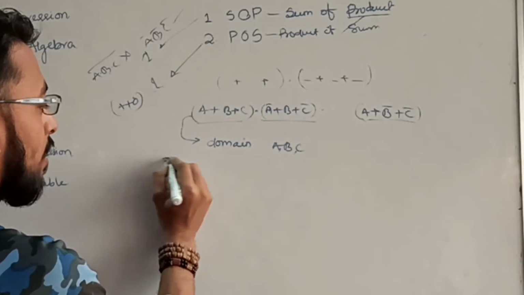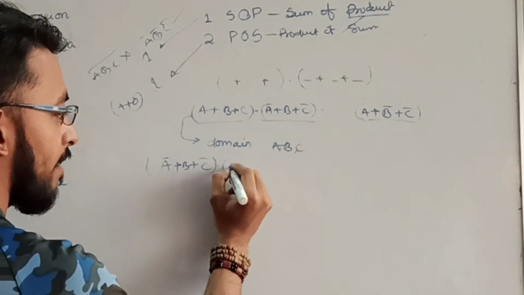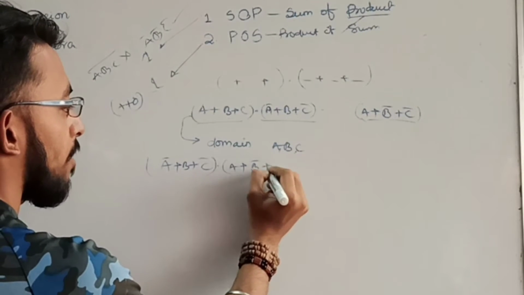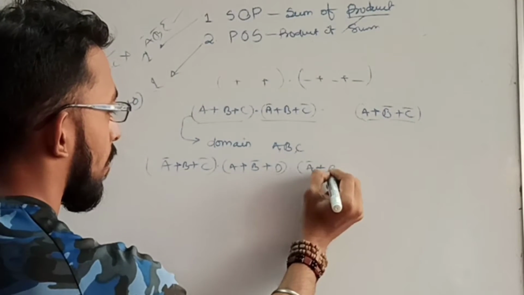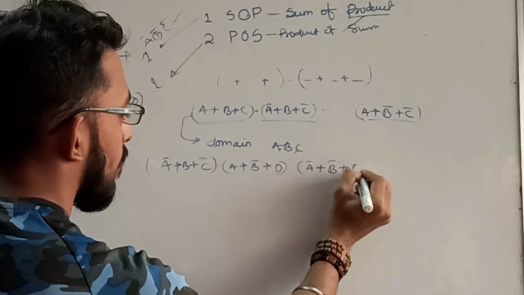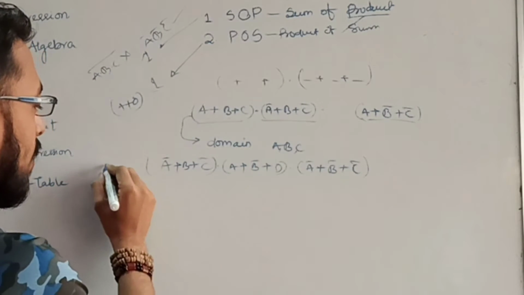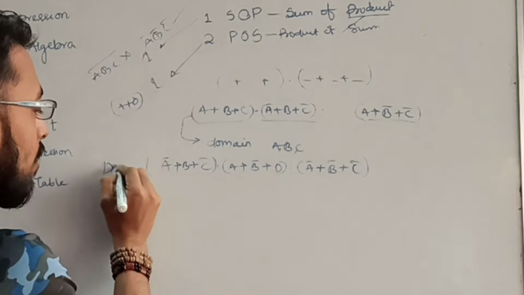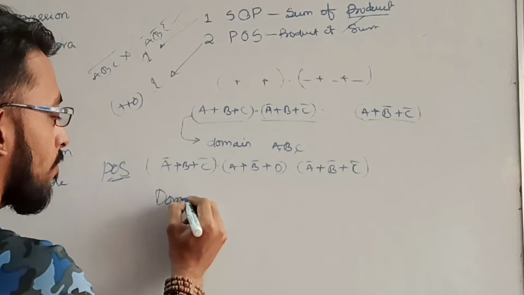It should be A bar plus B plus C bar, multiplied by A plus B bar plus D, and A bar plus B bar plus C bar. Suppose this is there in a question. This is the POS form, product of sum. But this is not standard form.